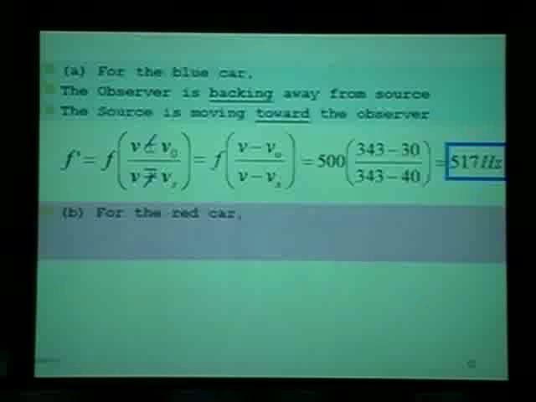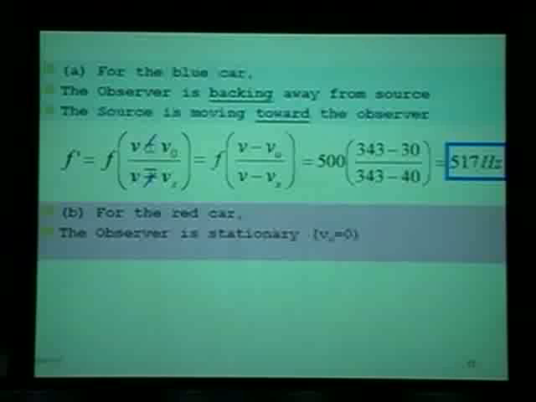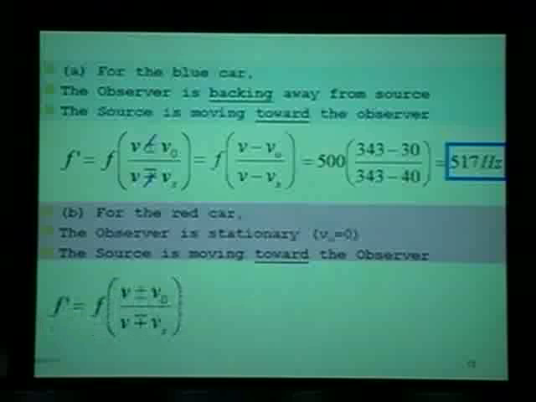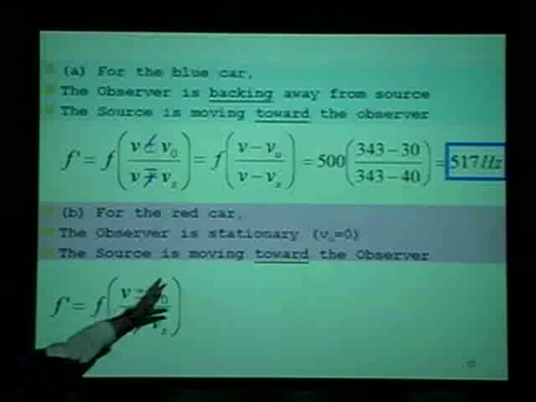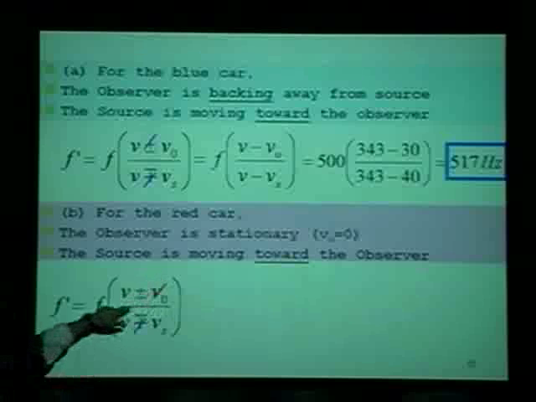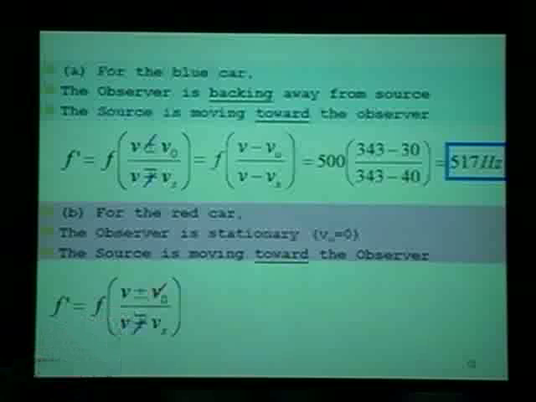What about the red car? The red car was stationary. Fire engine's moving toward the red car. The observer is stationary, so the velocity of the observer is 0. Source is moving toward the observer. Apply the Doppler formula. We can just get rid of the velocity of the observer because that's 0, so it really doesn't matter plus or minus there.